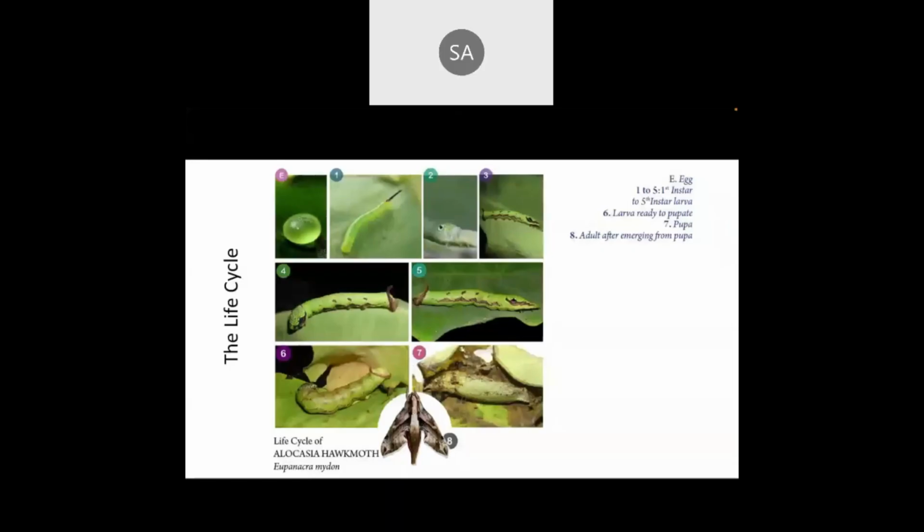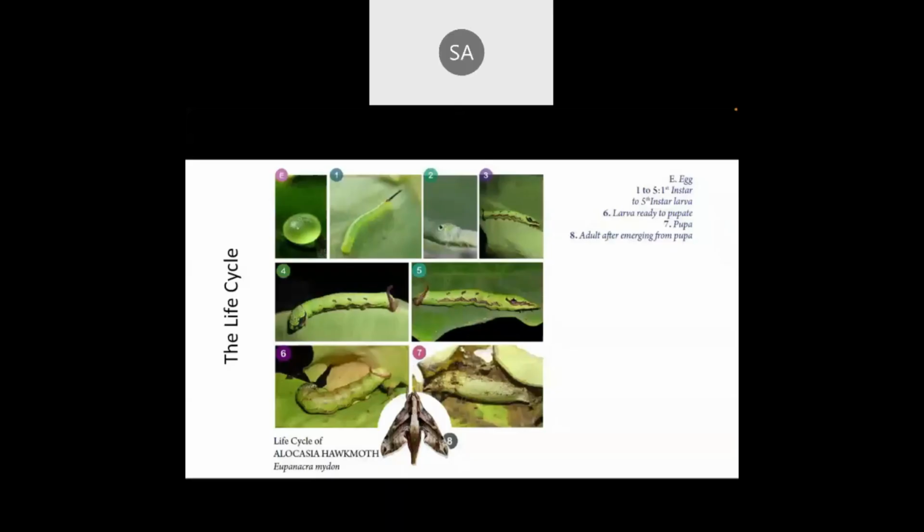One more thing, for all butterflies, the pupa which you can see is also known as chrysalis. These are attached to a shelter surface or leaves or somewhere.